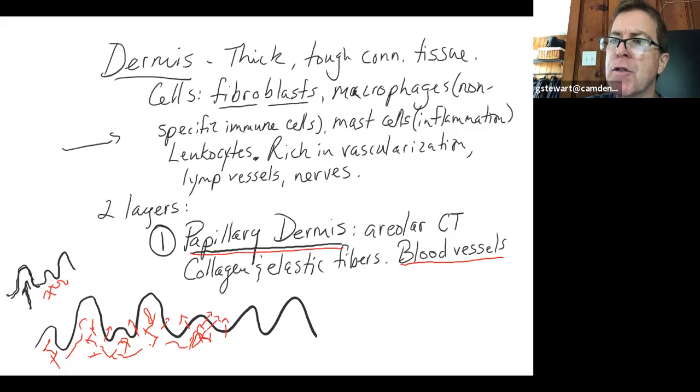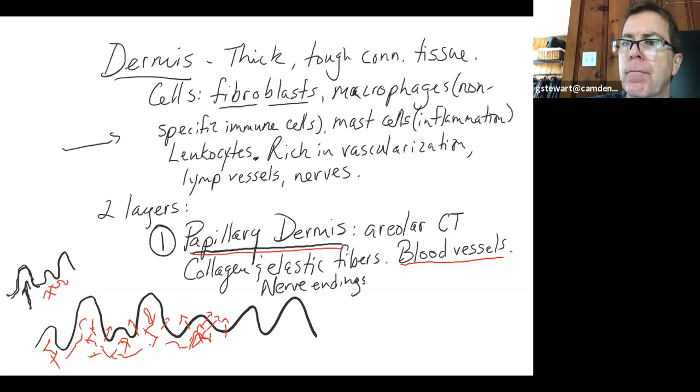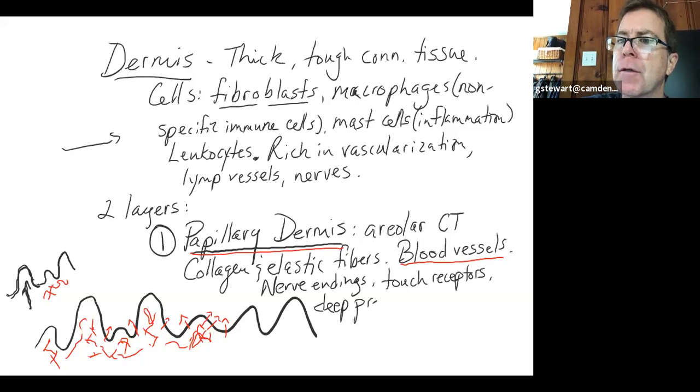Also in this layer, I'm just switching back to my black pen. We have a lot of nerve endings. Capillaries or blood vessels is what supplies that nutrition, but there are touch receptors in this area, as well as deep pressure.